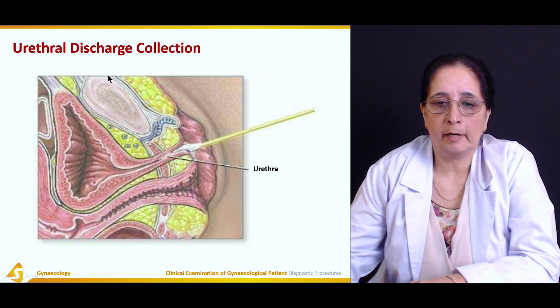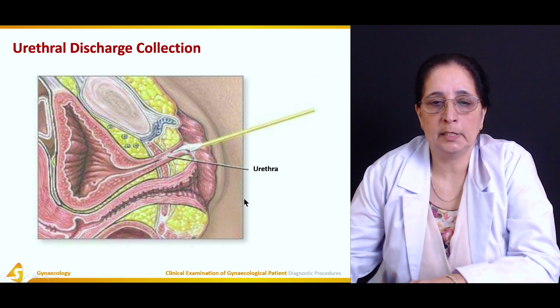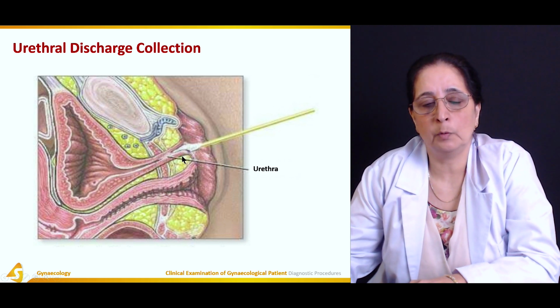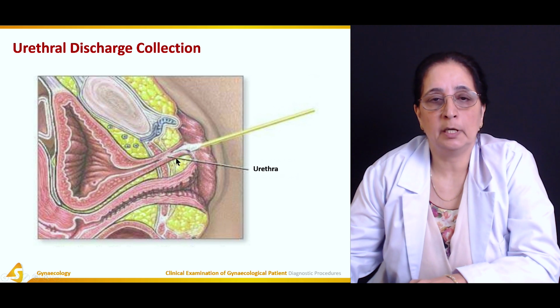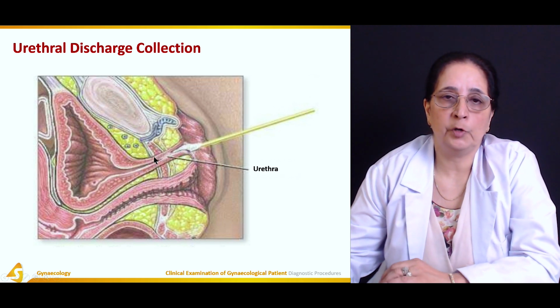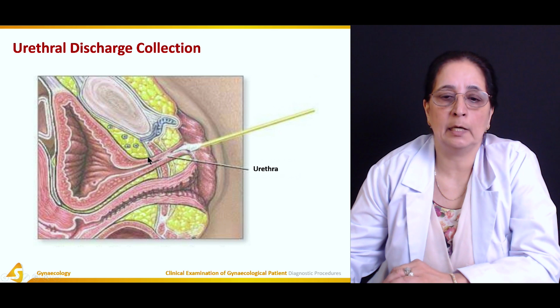This is the diagram showing the urethral discharge collection. Urinary bladder. The urethra is the lower portion of the urinary bladder through which the urine comes out of the bladder.